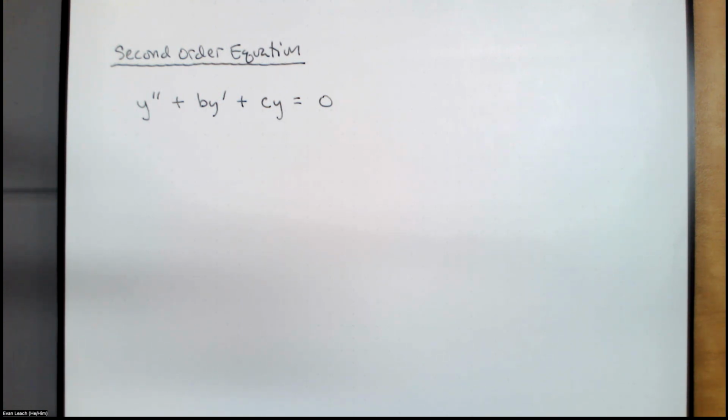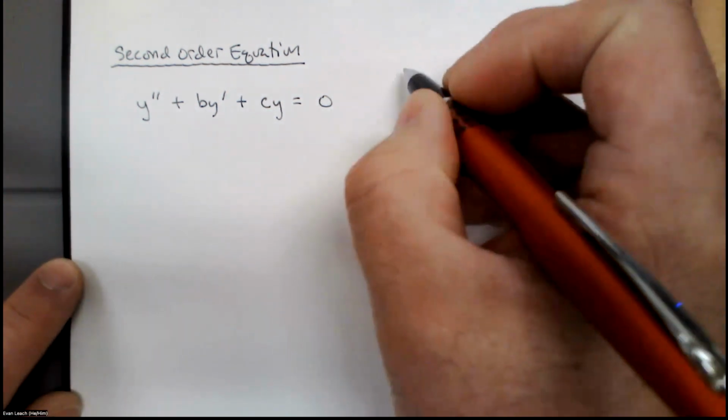So we're going to look at this second order equation, and we're going to notice that y, y prime, and y double prime, since b and c are constant, all have to be like terms.